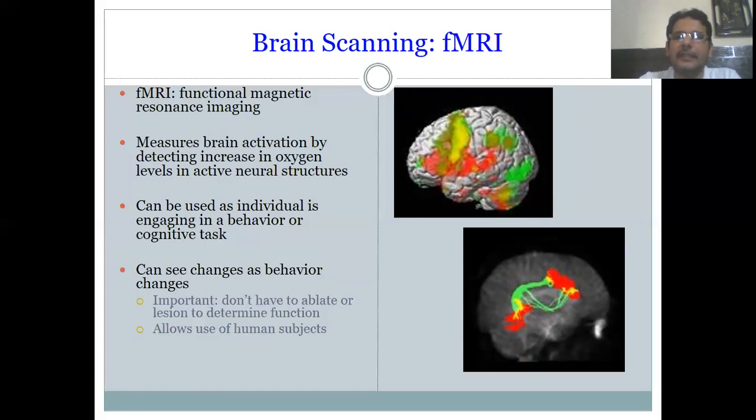So these are very powerful and very fast techniques. And these are non-invasive, because in this case we are not going to introduce radioactive material, and it gives the details of the structure of the brain.